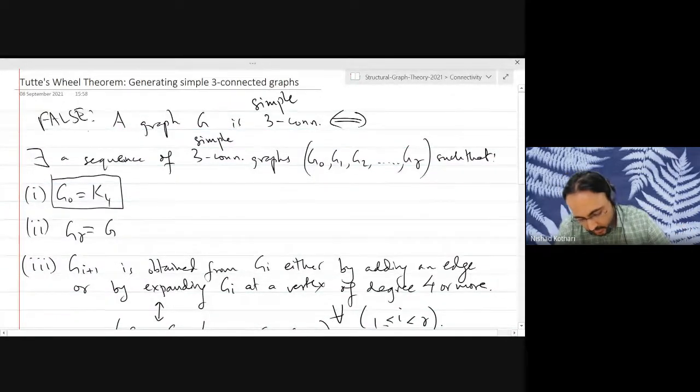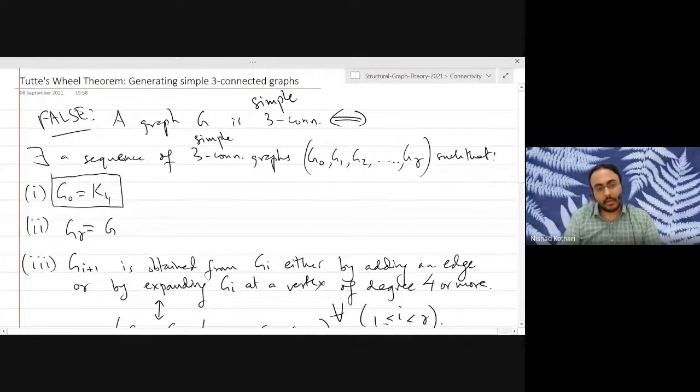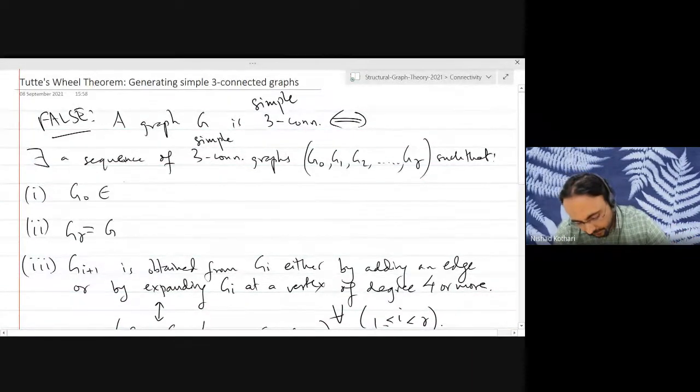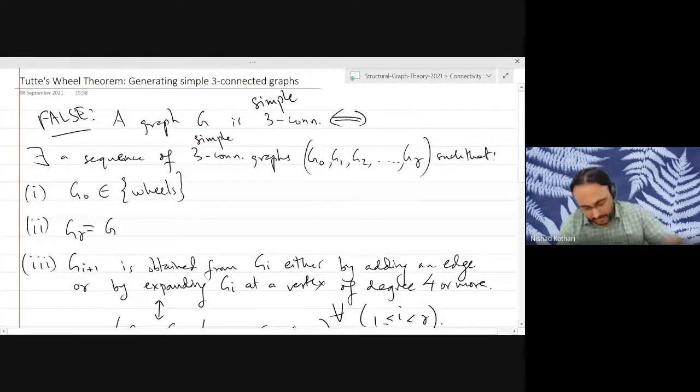It turns out if you let G0 be any simple wheel, because wheels are simple by definition, then you get this theorem. So if you just allow the smallest graph to be in the class of all wheels, G0 is in the set of wheels, then this becomes a theorem.